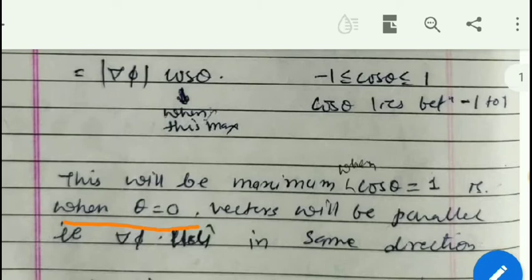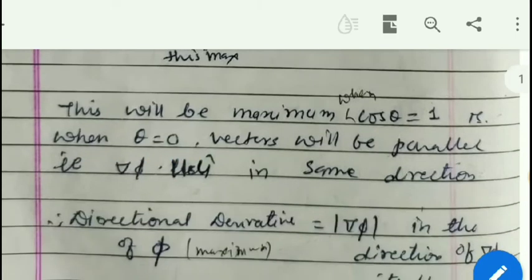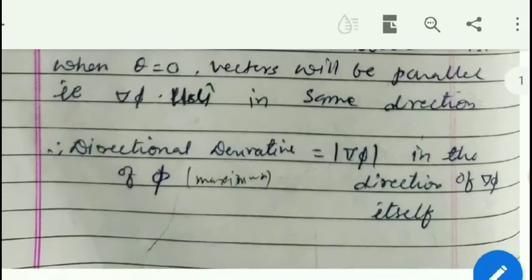So when cos theta is 1, this will be maximum. Therefore the formula of maximum directional derivative is mod del phi, in the direction of del phi itself.